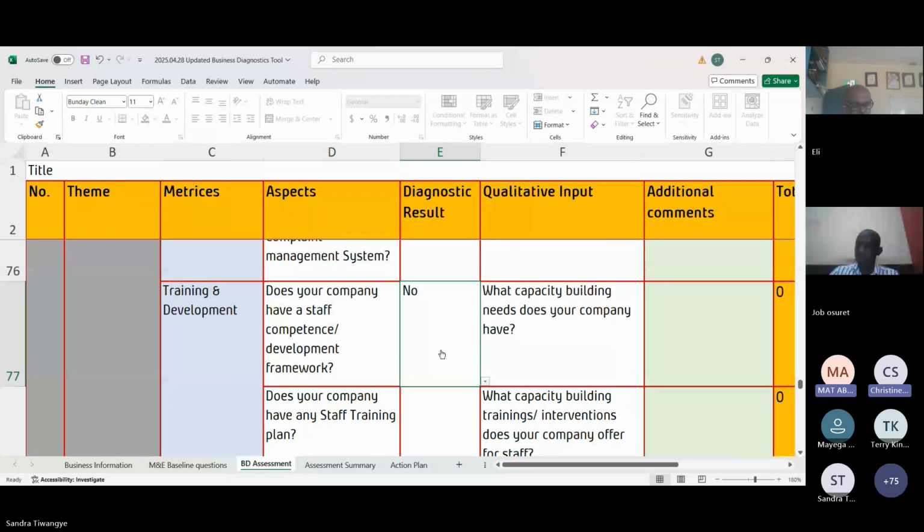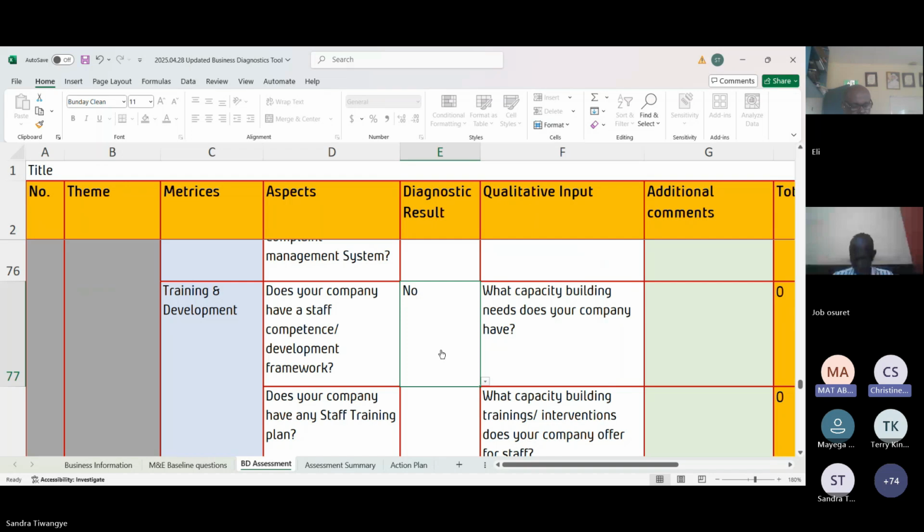A staff competence development framework shows the current positions that you have at the moment and whether they have the necessary skills. So you list that you might need a skill to grow your business, and you want to use the existing staff to build their capacity.